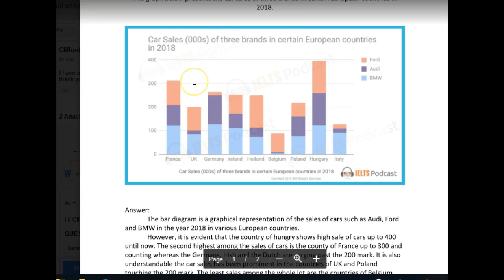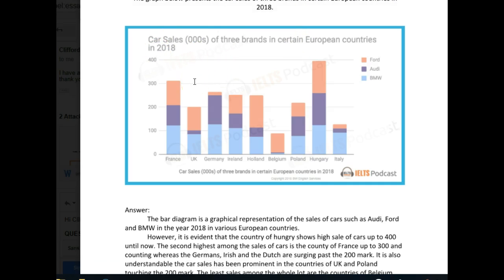It's just one moment in time in 2018, or perhaps it's an average, but you're going to need to use different words, different terms. So more this language of comparison and less these verbs that show increases, decreases, surges, plummets, and so forth. Okay?